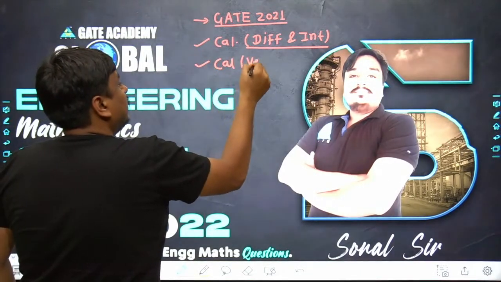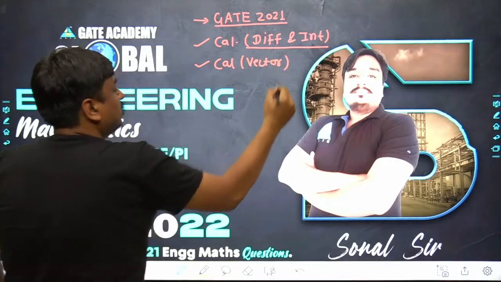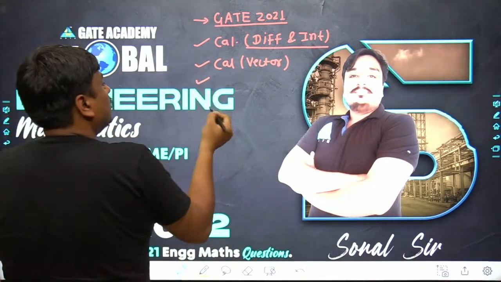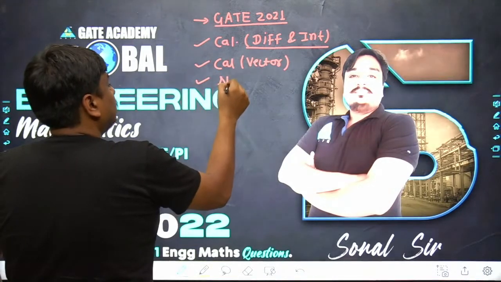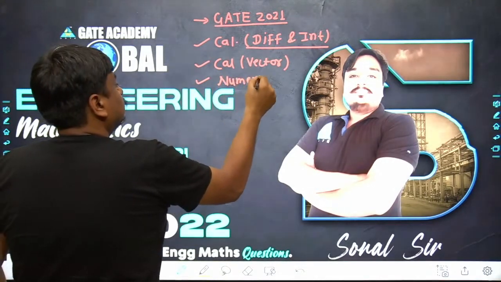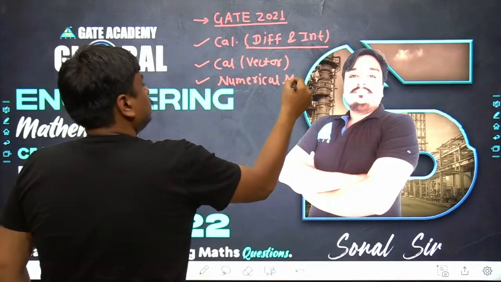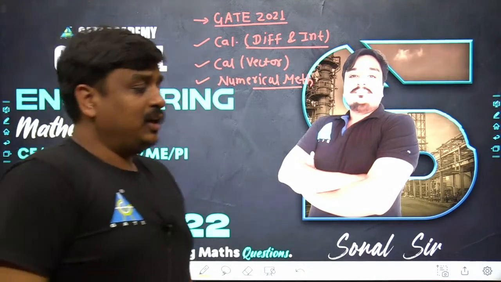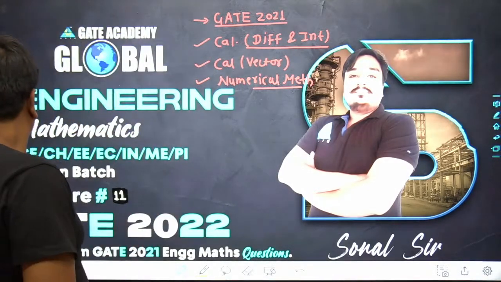There I would be taking one question from vector calculus. And if time permits, we would take one or two questions from numerical methods. Without getting delayed, let me jump straight into the problem.